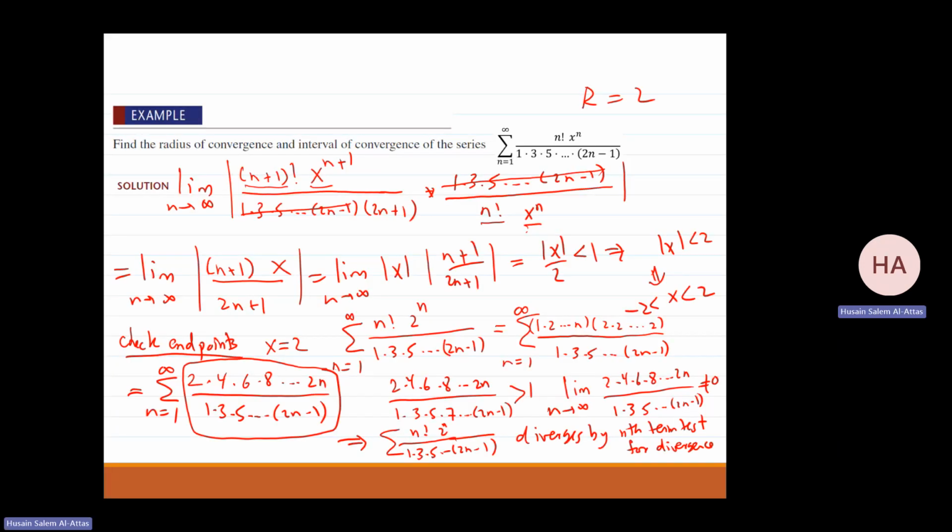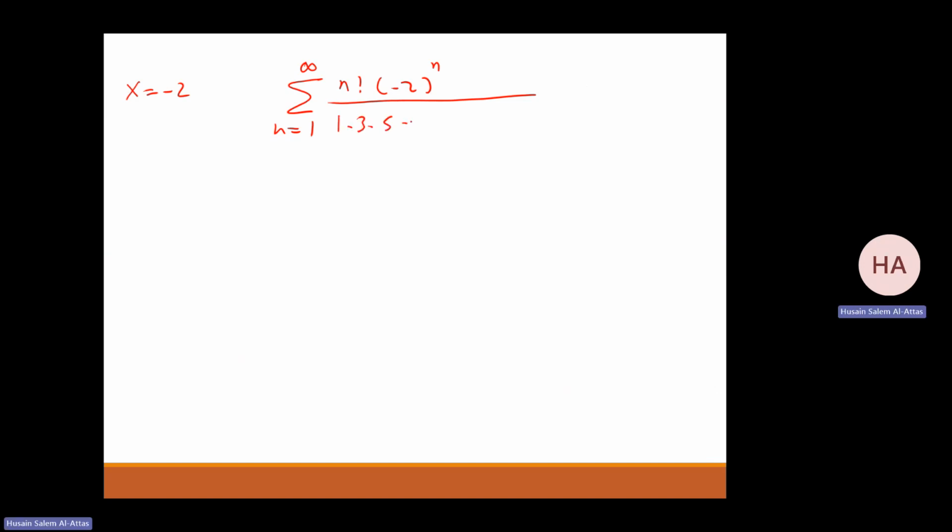What is the series? x equals -2, and my series is summation n equals 1 to infinity of n factorial times (-2) to the power n over 1, 3, 5 times 2n minus 1. Using the same trick, we can write it as (-1) to the power n times n factorial 2 to the power n over this.